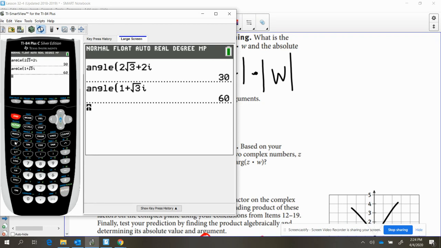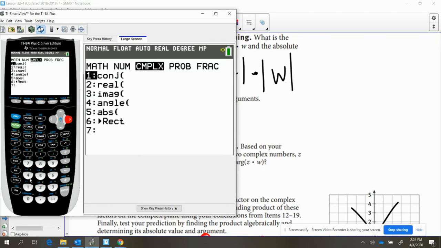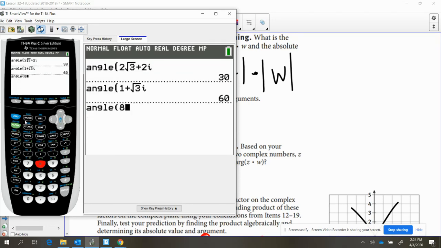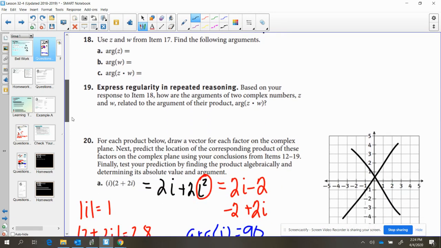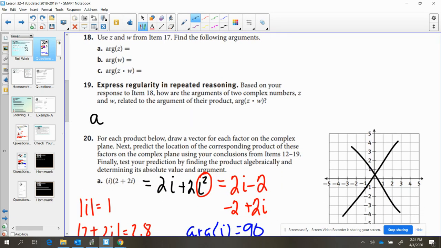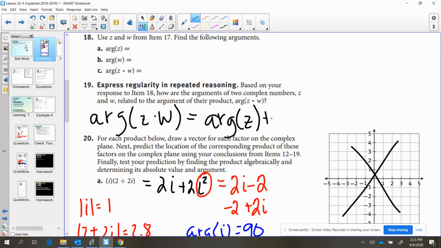And the angle measure of 8i, z times w, is 90. So not multiplying them together here, but we are adding them together. These were 30, 60, and 90. So the argument of the product ends up being the two arguments added together.